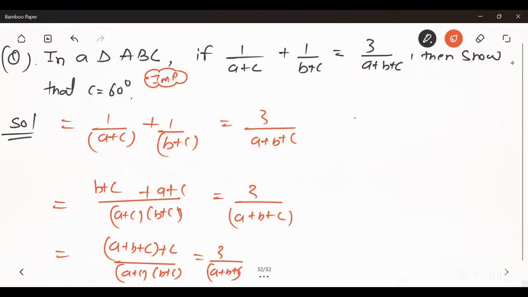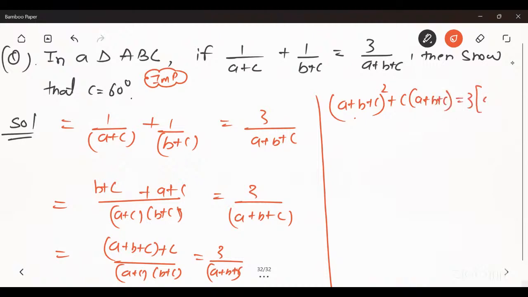So you will get A plus B plus C whole square plus C times of A plus B plus C into 3 times of A plus C into B plus C.